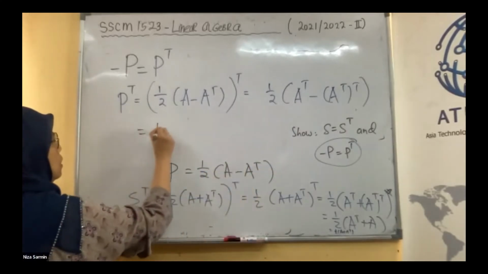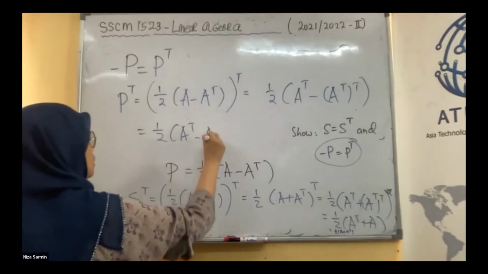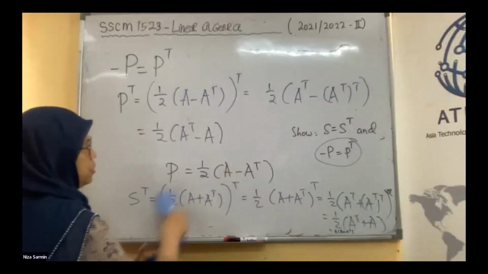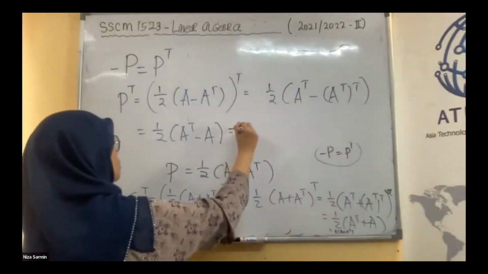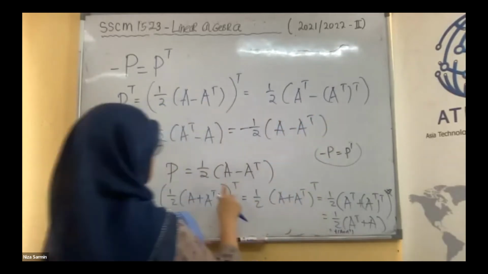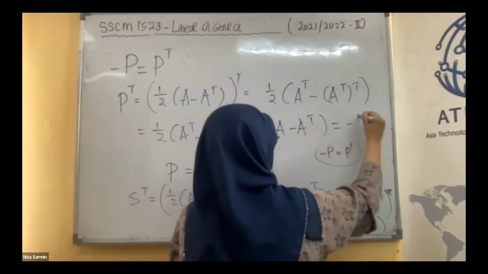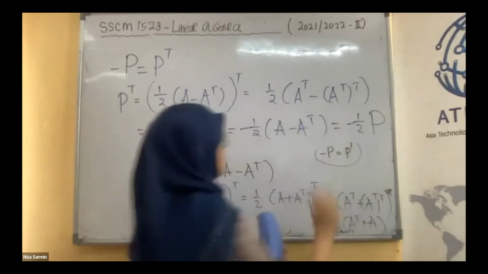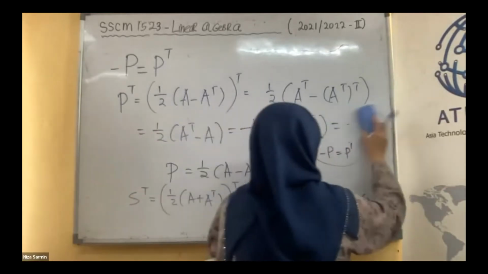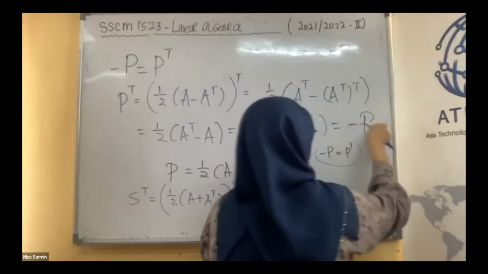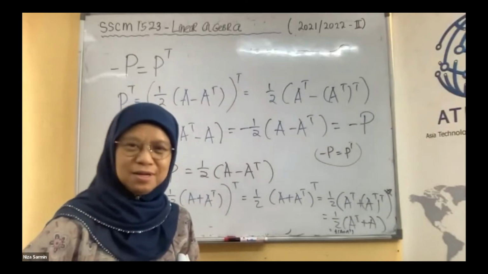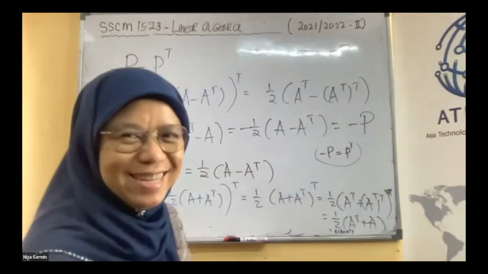So this is 1/2 A transpose minus A, yeah? So I want it to be the other way, right? So take out the negative. So now it looks like P. So negative half P. All right. Negative P, right? Negative P. Yeah. Okay.